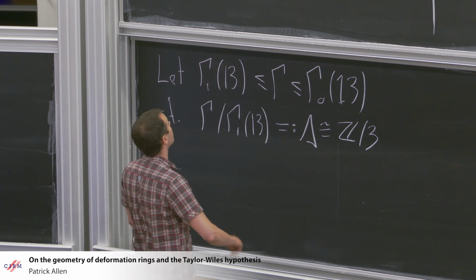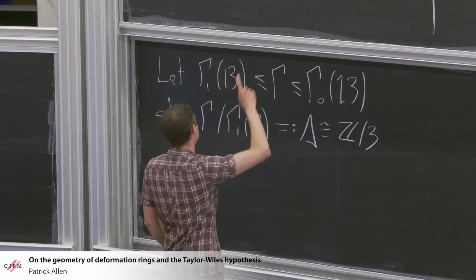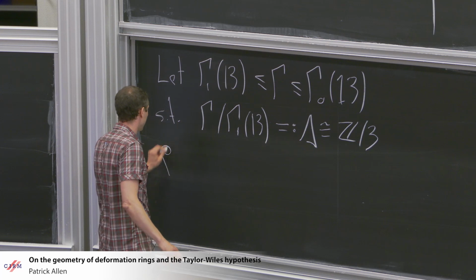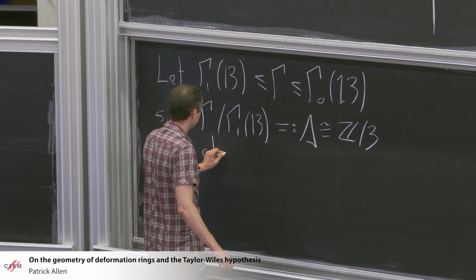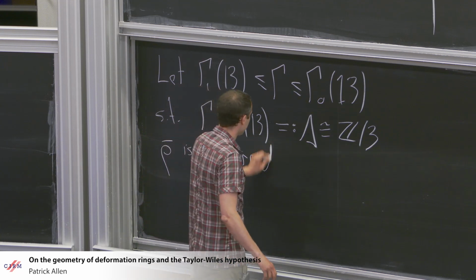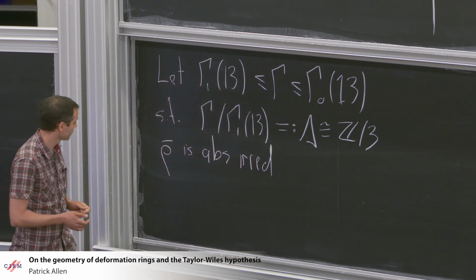And now, oh, sorry, I forgot to say, I really want to be explicit, so it's really important. What I want to mention for what I want to say is that rho bar is absolutely reducible. I didn't say it above, but let me say this is important.